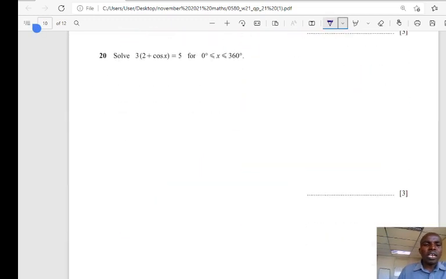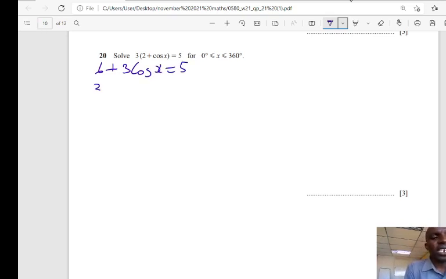Done. Next question, number 20. Solve. That's a trig equation. What you do here, first, you can remove the bracket or just divide by 5, whichever way. Let's remove the bracket. 3 times 2 is 6 plus 3 cos x is equal to 5.